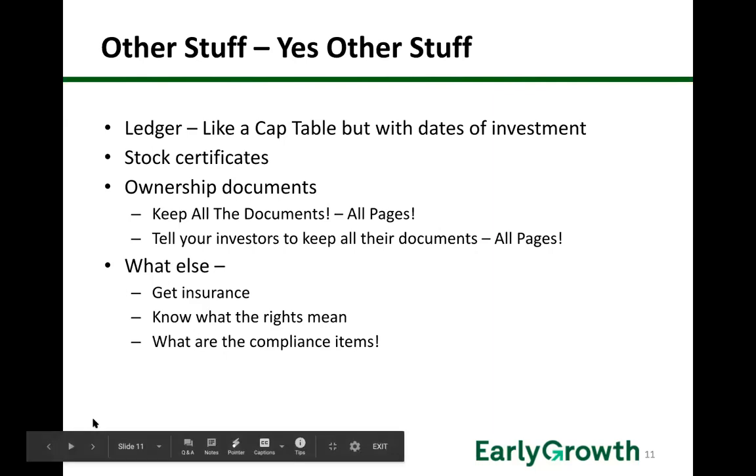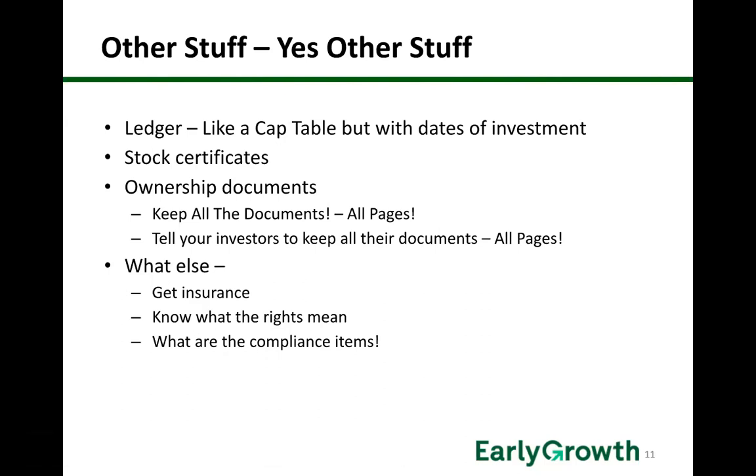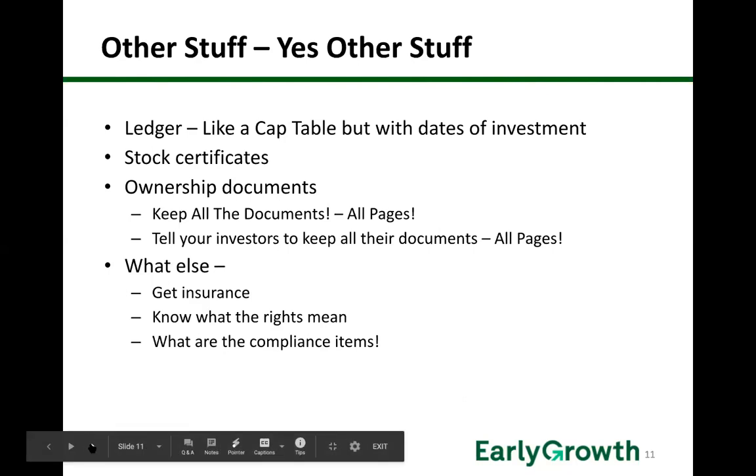And then the compliance items I talked about earlier, a variety having to do with ownership, record keeping, terms, insurance, et cetera, et cetera. But I think the main thing is the record keeping itself. Make sure that your record keeping supports what the agreements state that the shareholders have acquired. Next slide.